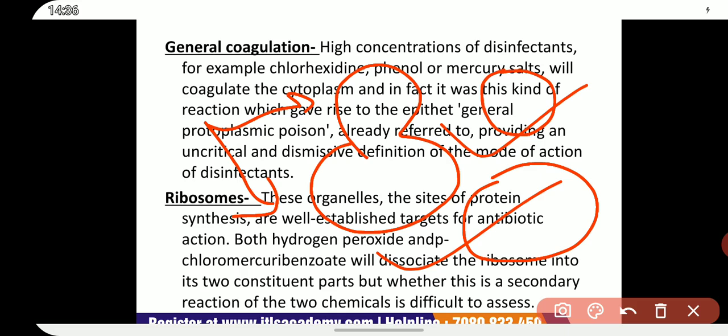Although there is no real evidence that the ribosome is a prime target for disinfectant substances.